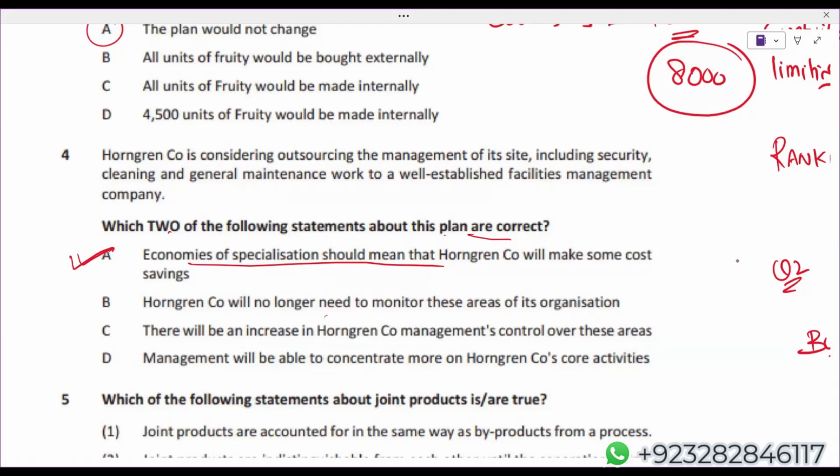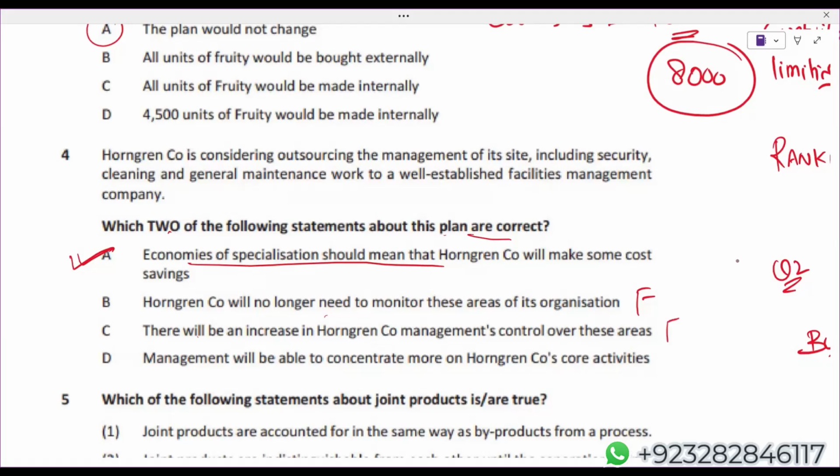Edge company will no longer need to monitor these areas of its organization. False. Actually, outsourcing does not mean that there's no need to monitor that work. You can say that once you have outsourced something, monitoring time will reduce, monitoring will not be that difficult. That makes sense. But saying there will be no monitoring is false. There will be an increase in Edge company's management control over these areas.